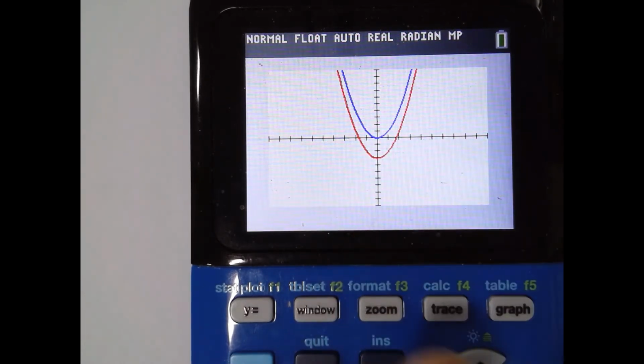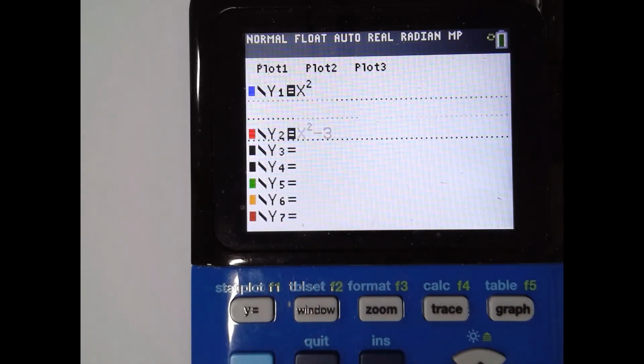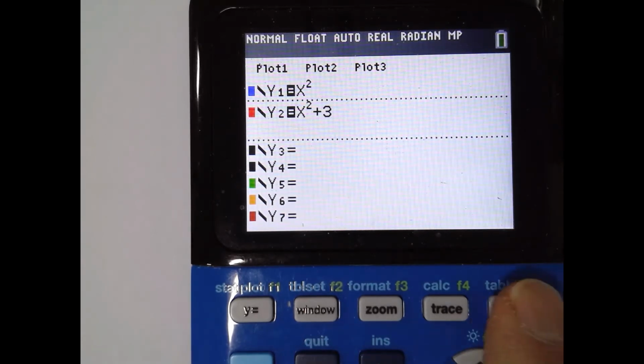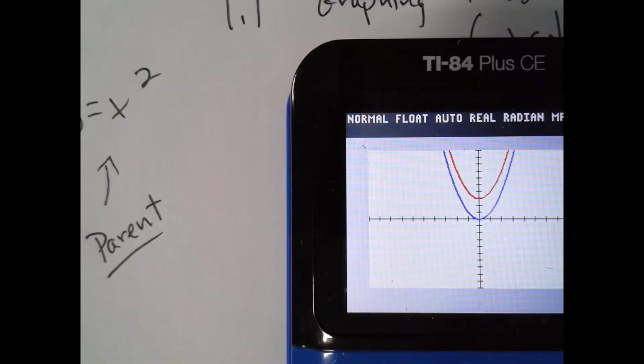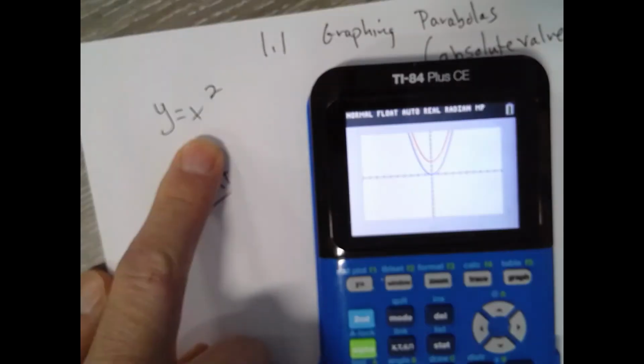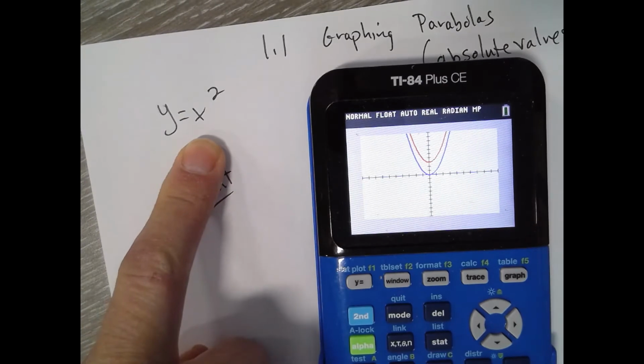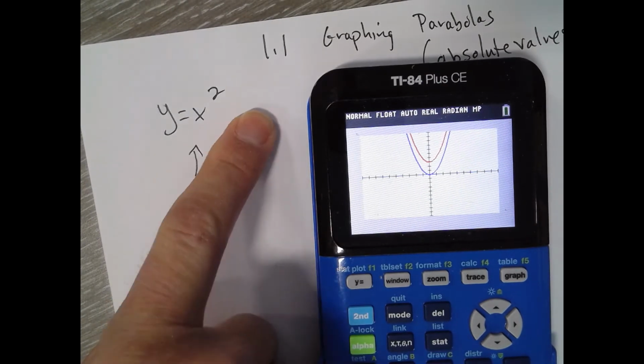Okay? If I wanted to, I'm going to change this to plus 3, and you can see probably what you expect would happen. Instead of going down 3, the plus 3 is going to move it up 3. So if we have a number added to the end of our parent equation, y equals x squared, so if x squared plus 10, it's just going to shift it up 10.